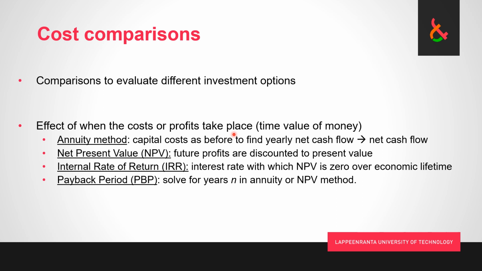The opposite way of counting the time value of money is with the so-called net present value. So that means that we take our total capital investment at year 0, which would be when our plant starts operating, and then we discount all the future profits to the present day. So basically, money that comes after many, many years is less valuable than money that you have right now, because money that you have right now can grow interest if you invest it smartly.